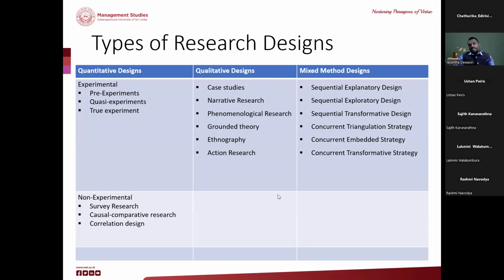Under the quantitative design, quantitative designs are twofold. As I stated earlier, it can be either experimental or non-experimental. Under the experimental research, you can see there are 3 sub-designs under the experimental design.